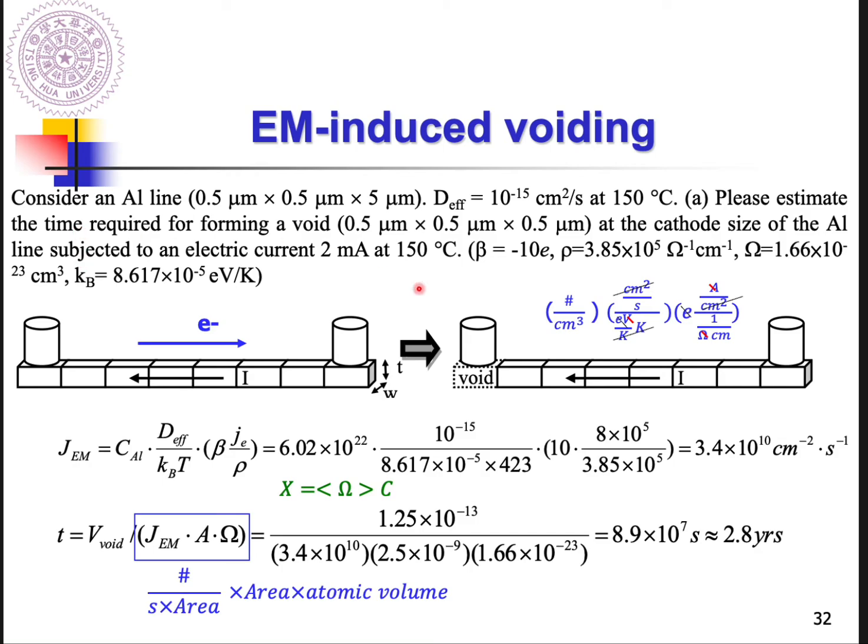So some people ask about the beta. Beta for metal usually, as we mentioned in the previous slide, will be negative. So here negative 10, e here probably is 1.6 times 10 to the minus 19, the charge carried on the electrons. Okay, so here we didn't put the minus here.